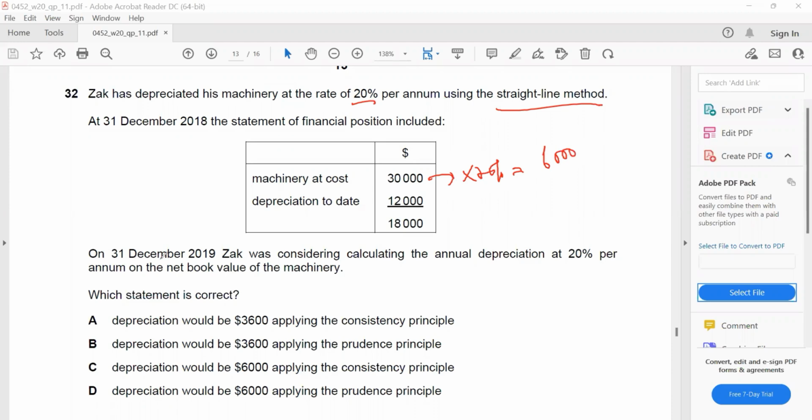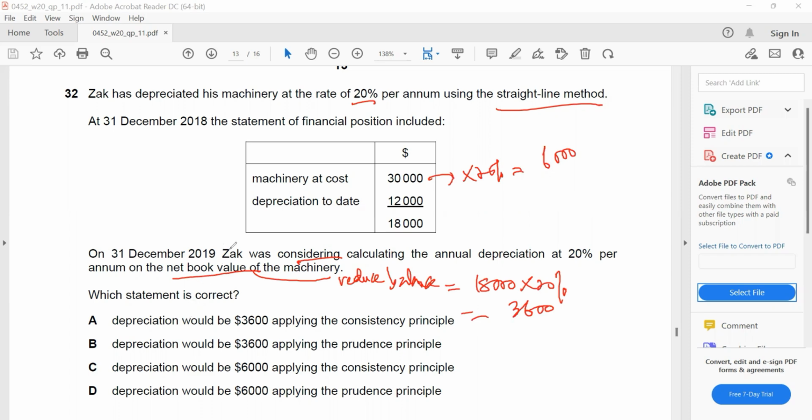On 31st December, Z was considering calculating, he wants to change the method to the net book value. Net book value means the reducing balance method, which is taking the net book value times 20%. So we get 3,006. Which statement is correct?